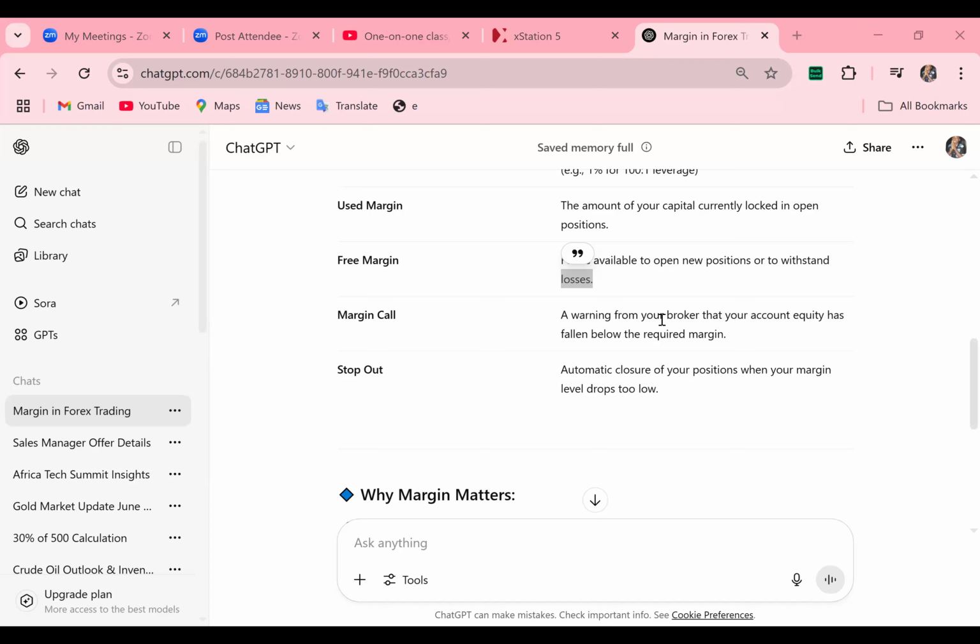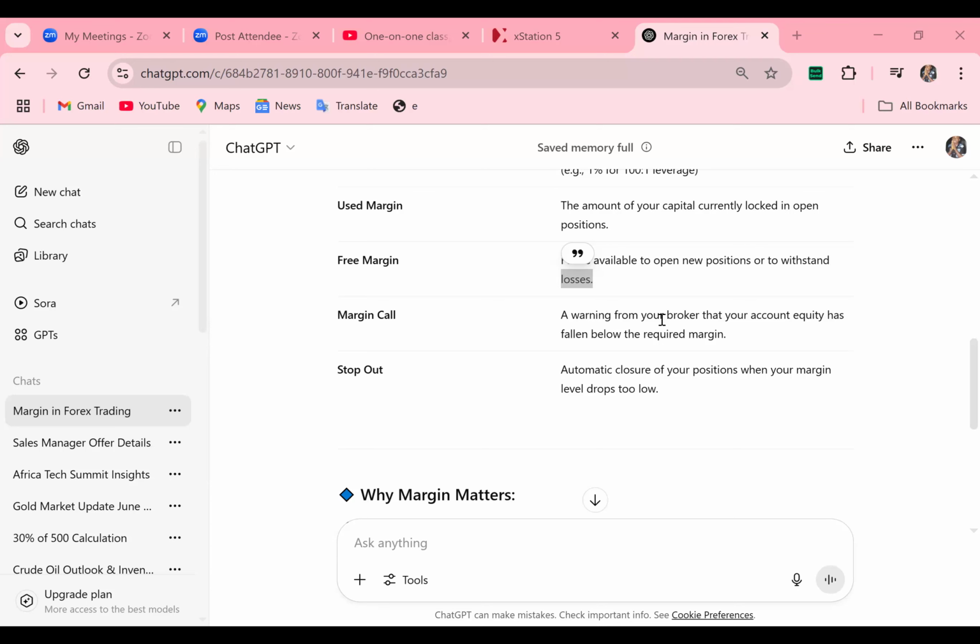I think free margin, based on my understanding, is this: after we have trading capital already running in the market, which is the margin, the free margin is the available money remaining. So, to withstand loss: let's say the trade we placed is already running at a loss.